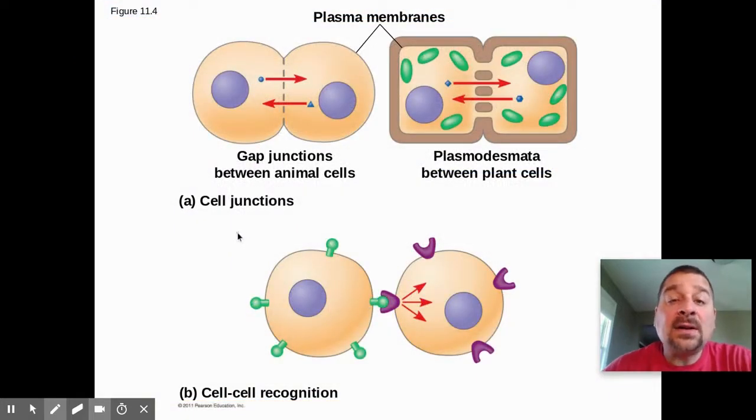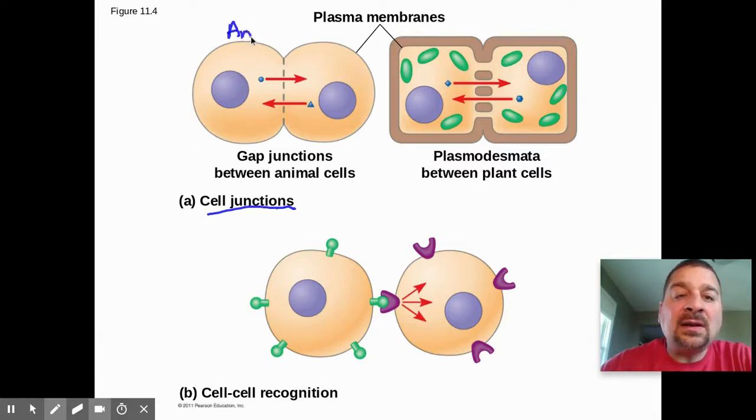If the cells are side by side, they can communicate right through their cell membranes through cell junctions. Remember from previous chapters, in animal cells, oftentimes that will be through what we call gap junctions.